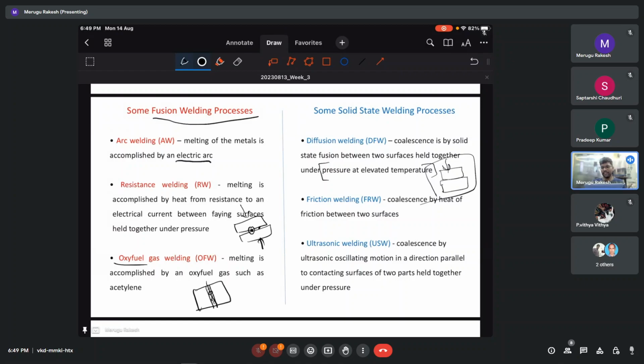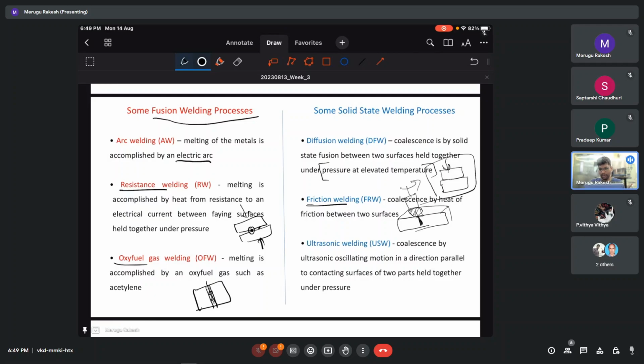So next one is friction welding. Don't be confused between friction welding and resistance welding. Coalescence is by heat of the friction between two surfaces. I hope this is a very important topic nowadays. We'll have two plates like this, and then we have this friction pin at the center, and it will be rotating.